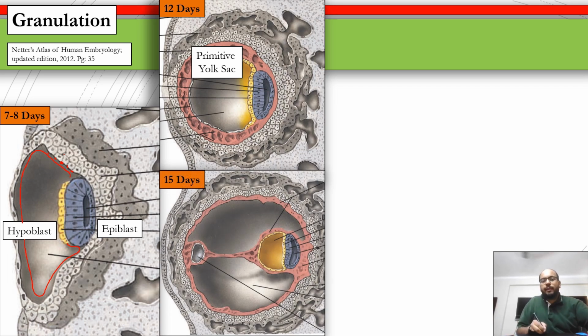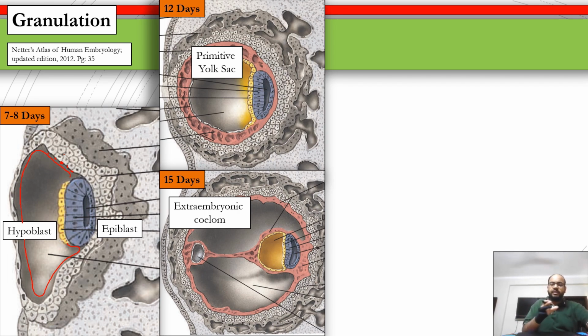Clear? Now these empty spaces between the hypoblast and the trophoblast layer grow larger, connect together and become a very big cavity. This big cavity is known as the extraembryonic coelom. Clear? You need not remember all of this. I'm just telling you so that you can get some orientation of what is happening.